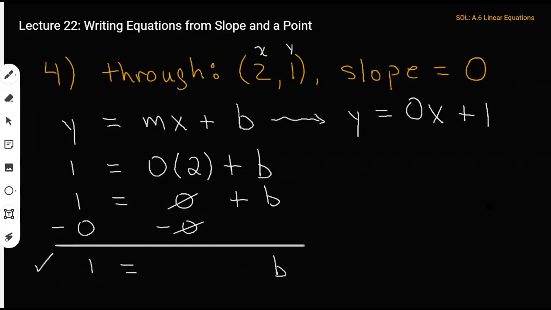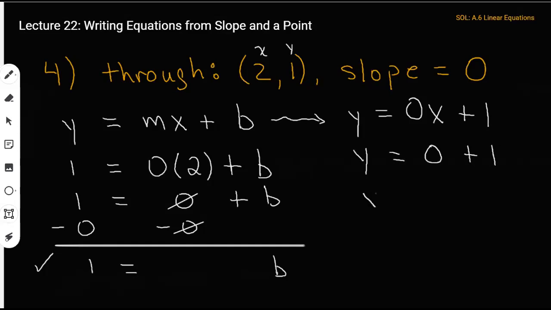But I'm not done yet. What's 0 times x going to be? 0. So I can replace that with a 0. What's 0 plus 1? 1.